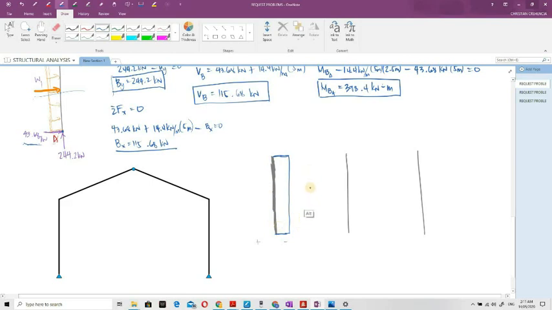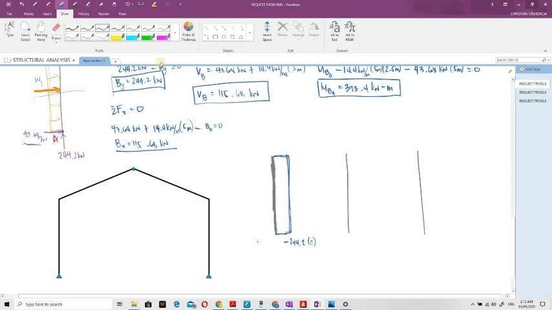Okay, pasensya na kayo sa drawing. So yung ating actual load diagram is negative compression. Okay. So rectangular po ito, no? Hindi ko lang makuha ang straight na straight. So rectangular yan.